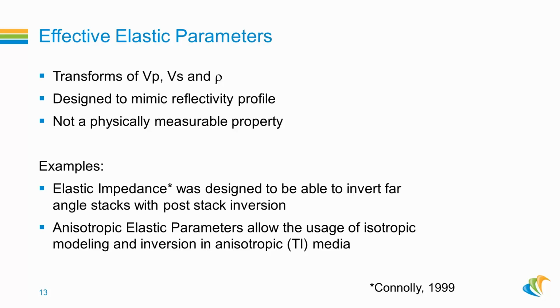As an example, I like to quote Pat Connolly, who in 1999 introduced elastic impedance, because at the time there was only post-stack inversion available on the market, and Pat saw that on the far angle stacks there was more information about the reservoir, particularly about fluid content of the reservoir.